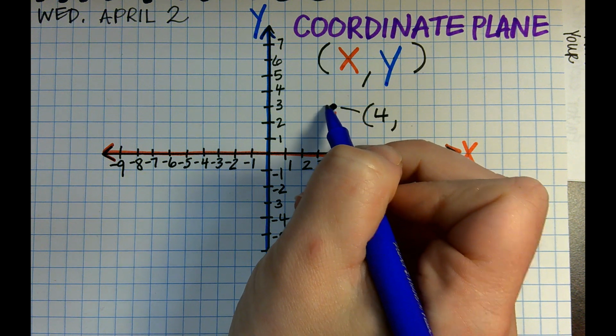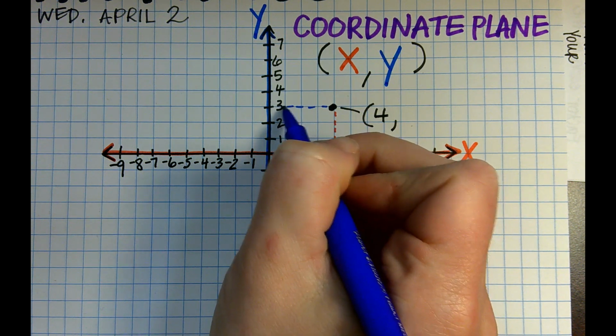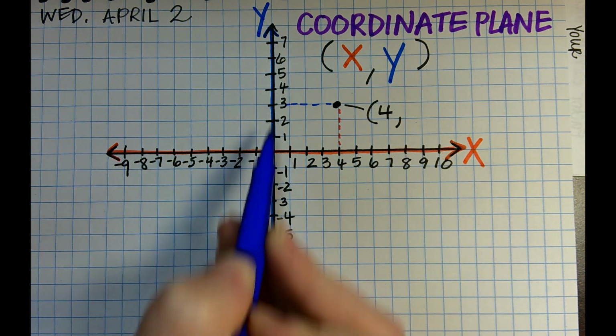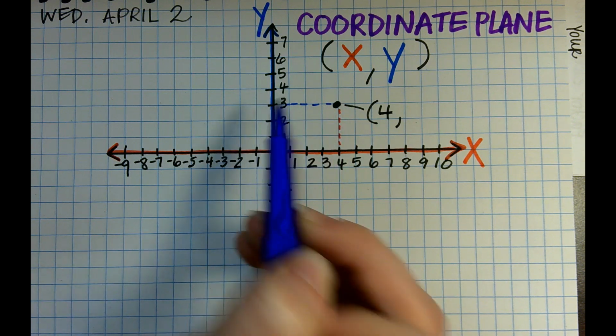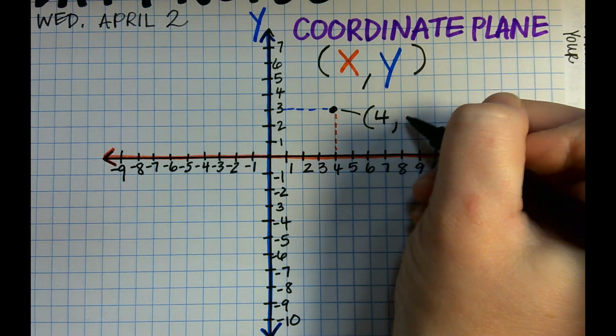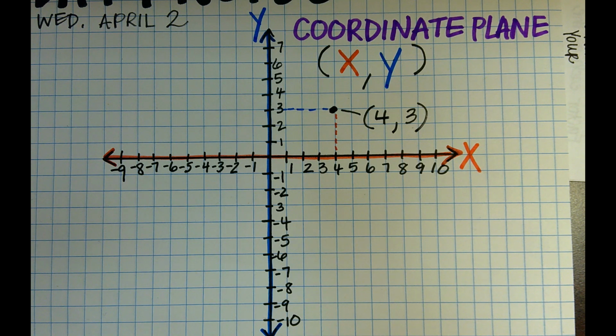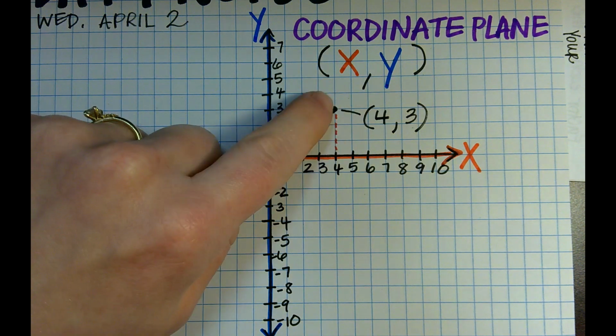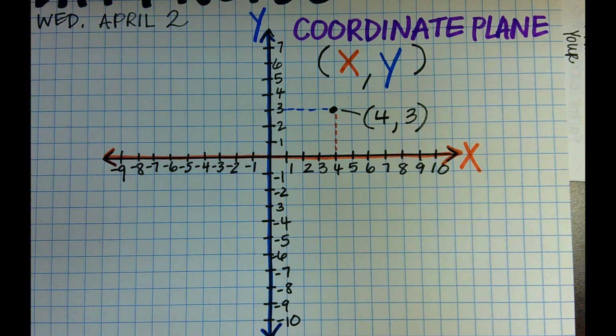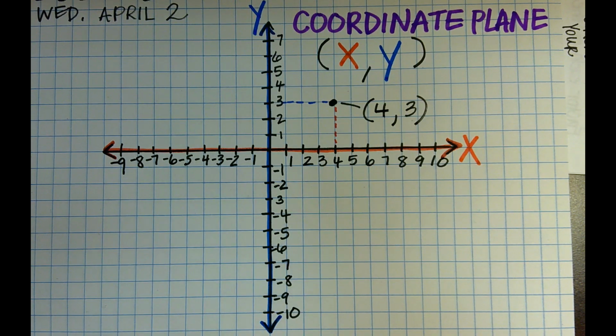So if I trace over to the y-axis, I see that it lines up with 3. So my y value is 3. Everybody see how that works? It's like connect the dots. You just are tracing to see where it lines up. And we're kind of making little connections there. So here's a coordinate.